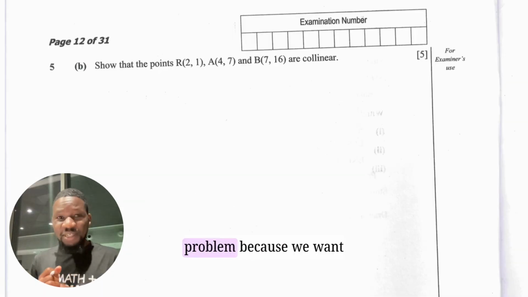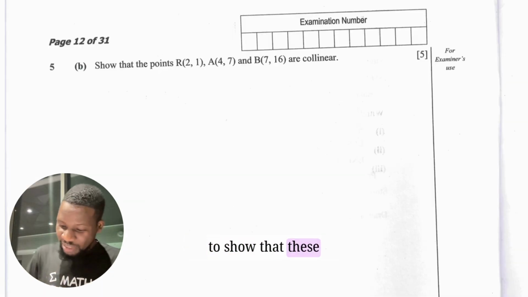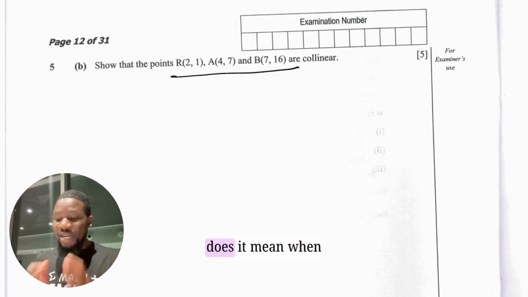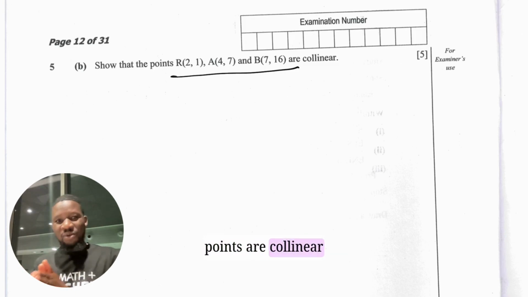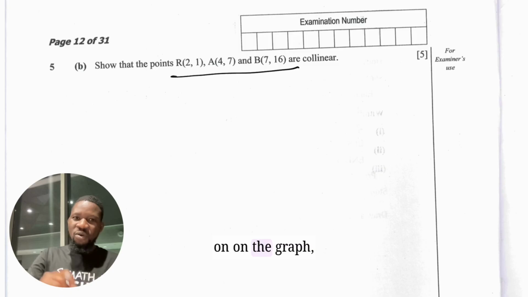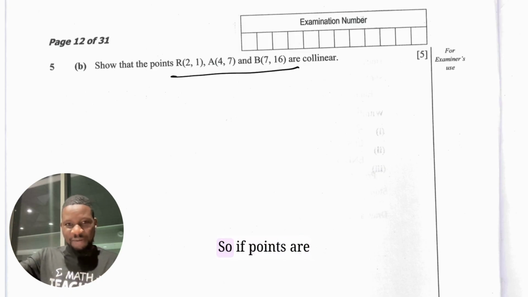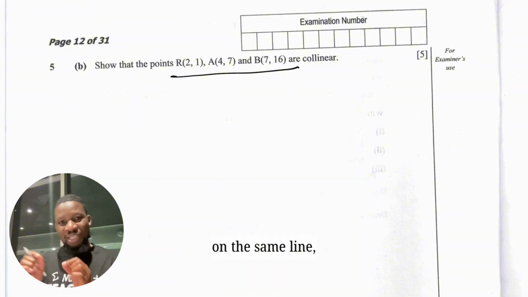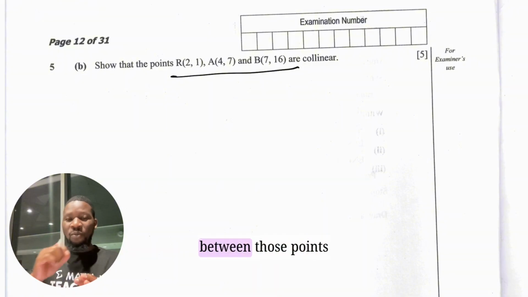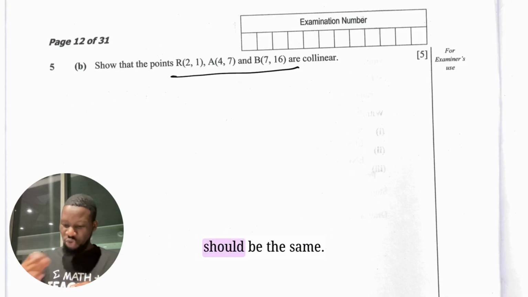This is an exciting problem because we want to show that these 3 points are collinear. So what does it mean when points are collinear? It means that they lie on the same line. When you plot them on the graph, they are on the same line. So if points are on the same line, the gradient between those points should be the same.